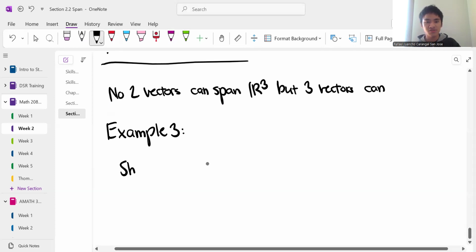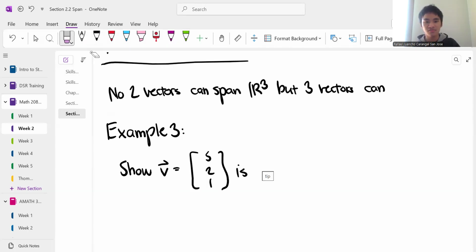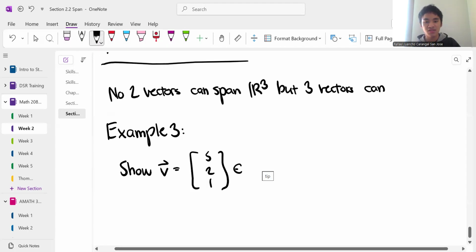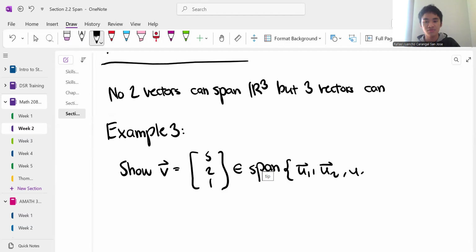So here we're being asked to show this v vector, which has components 5, 2, 1, is in the span of u sub 1, u sub 2, u sub 3.